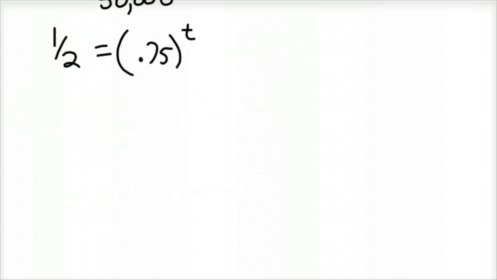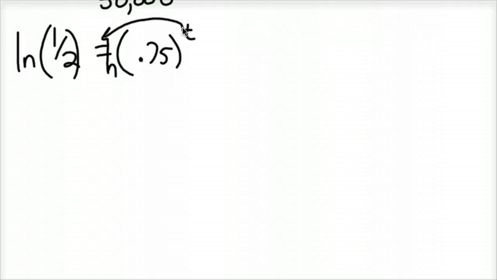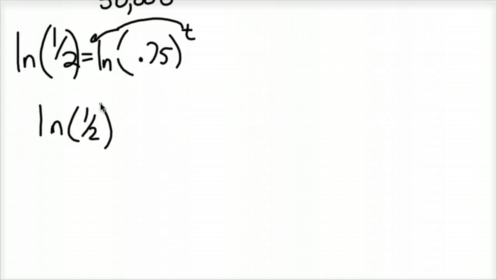Now I'm going to take the natural logarithm of both sides to get the t out front. If you're not sure what I'm doing here, look up videos on how to solve exponential equations, because I'm using some fancy stuff. You could use guess and check, like I said, but this can give us a more precise answer.